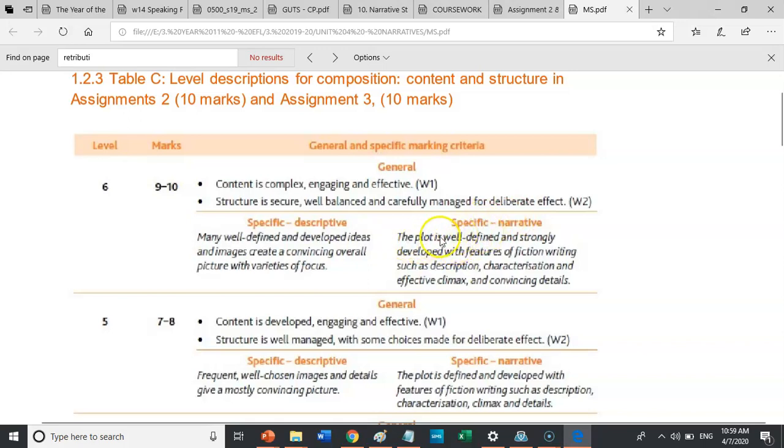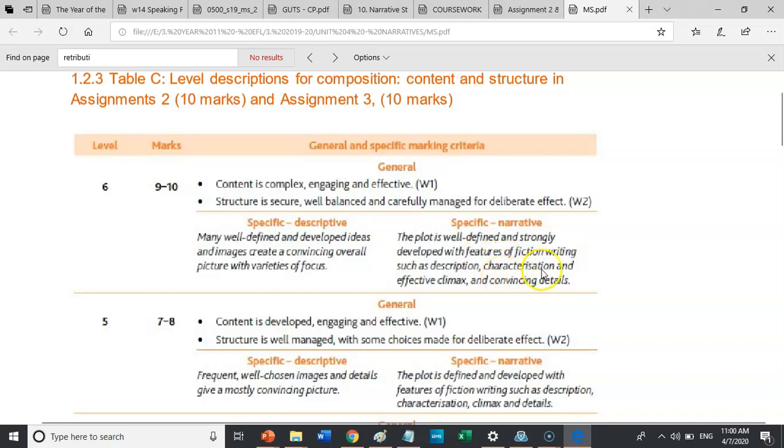So if we look a little bit more closely at what it says for narrative, to get that top mark, the plot is well defined and strongly developed with features of fiction writing such as description, characterization, and effective climax and convincing details. So you've got some description, maybe of setting, with some language devices and so on.